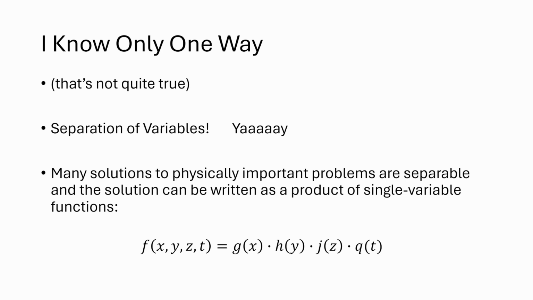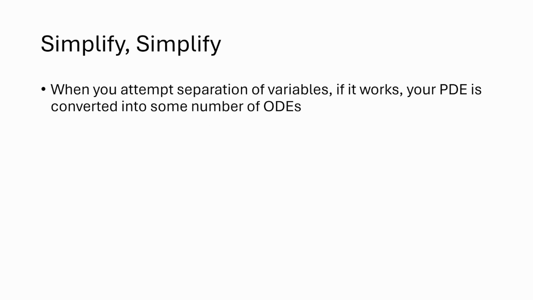And this is the idea of separation: we are going to solve for each of these individually and then build the total solution by multiplying all of those functions together at the end. That's the goal.